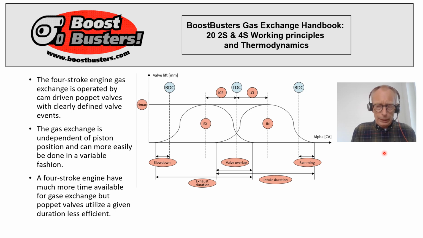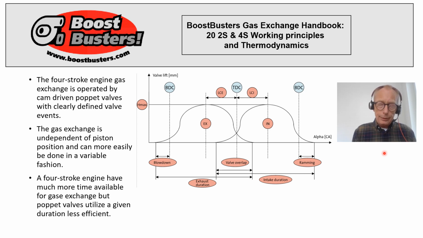Since we are utilizing camshafts for operating the valves, the gas exchange in a four-stroke engine is piston position independent. Since the exhaust and intake valves are operated with a camshaft rotating at half the speed of the crankshaft, there is much more time available to create the gas exchange on a four-stroke engine compared to a two-stroke engine.